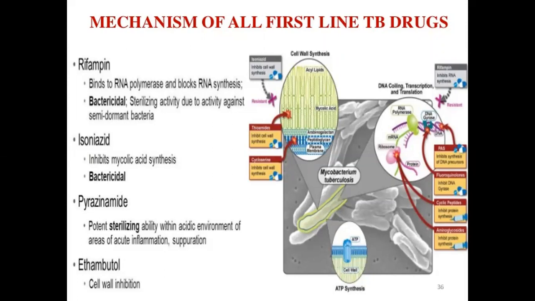So rifampin is bactericidal. That means it kills Mycobacterium species and many other gram-positive and gram-negative bacteria like Staphylococcus aureus, influenzae, E. coli, Klebsiella, etc. The mechanism of action of rifampin is that it inhibits DNA-dependent RNA synthesis.